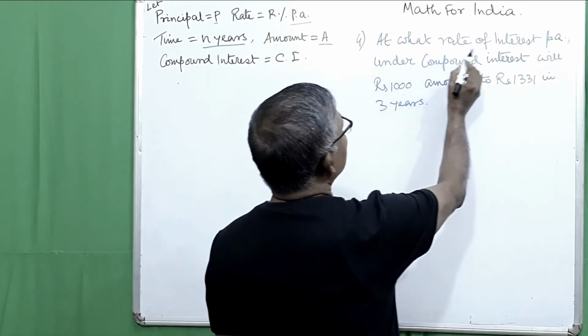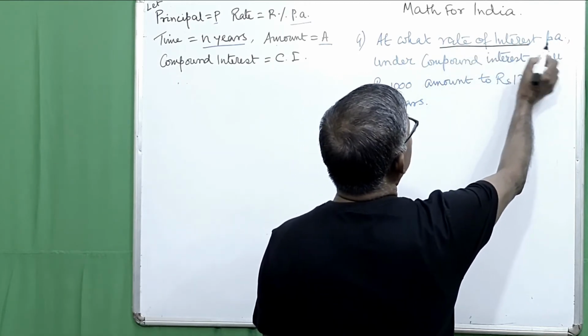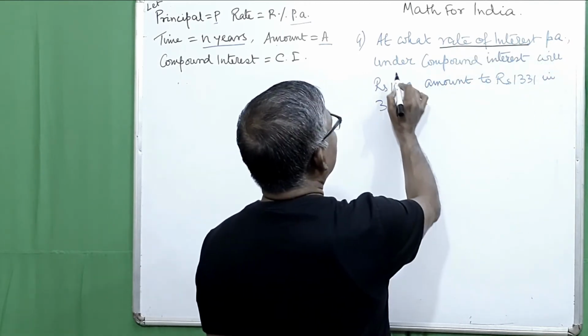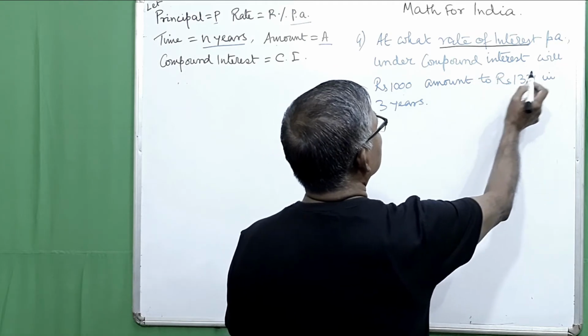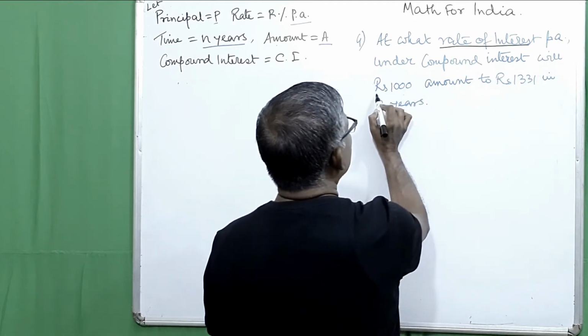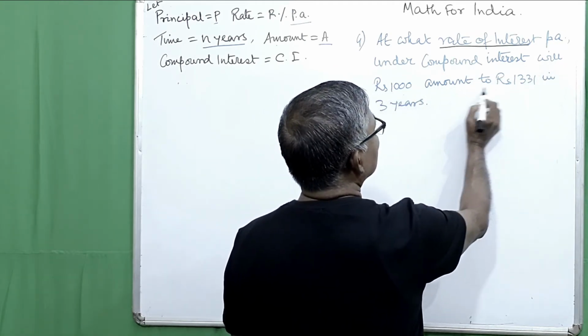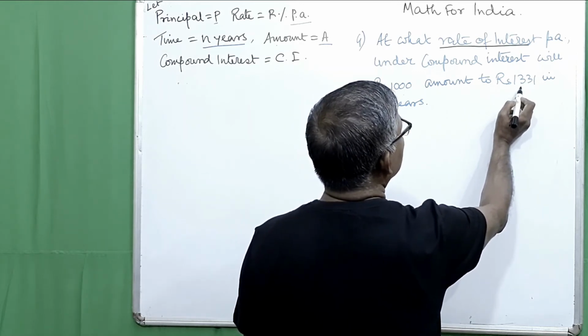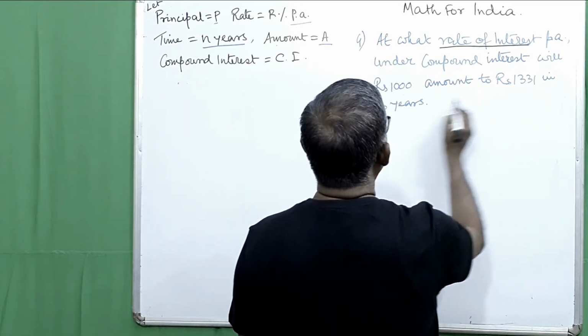At what rate of interest per annum under compound interest will rupees 1,000 amount to 1,331 in 3 years?